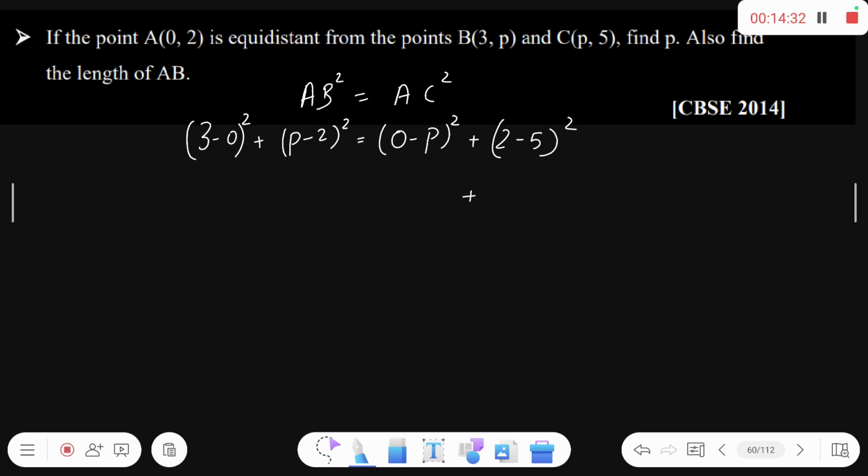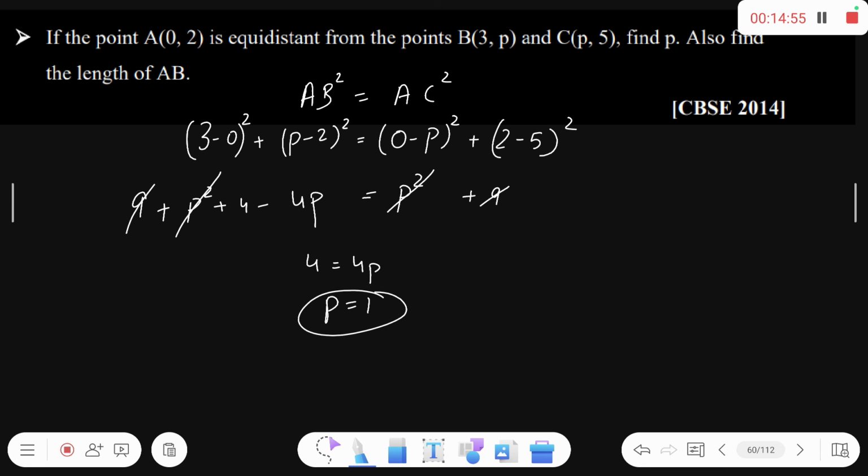So this is 3 square, 9, and this is P square, and this is 3 square, 9, plus P square plus 4 minus 4P. 2 to 4, so this is 4P. P square cancels with P square, 9 cancels with 9. So this is 4 is equal to 4P, or P is equal to 1.